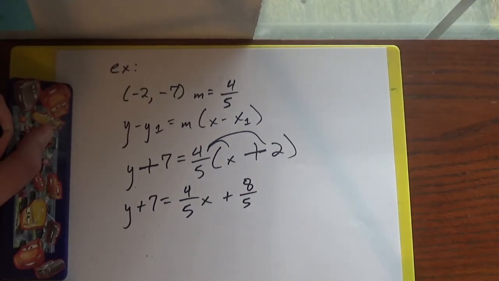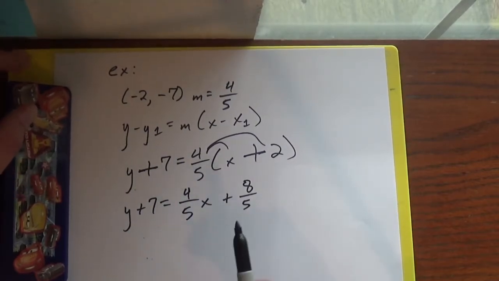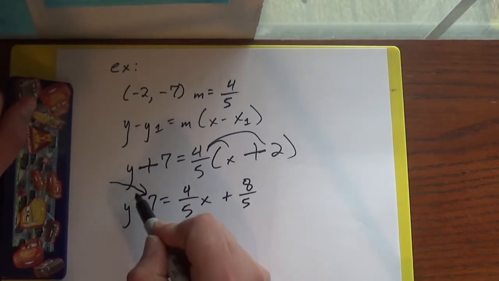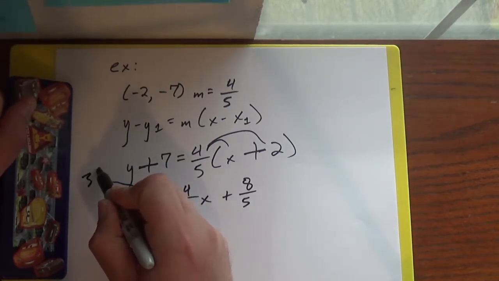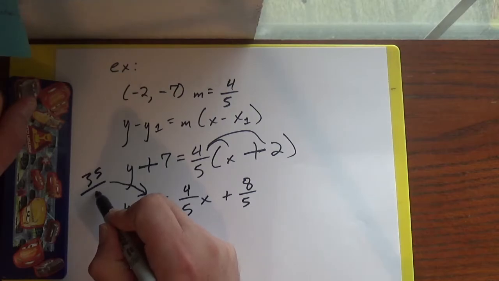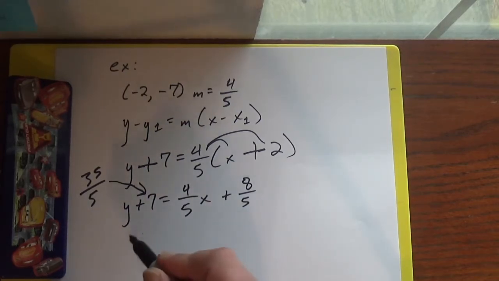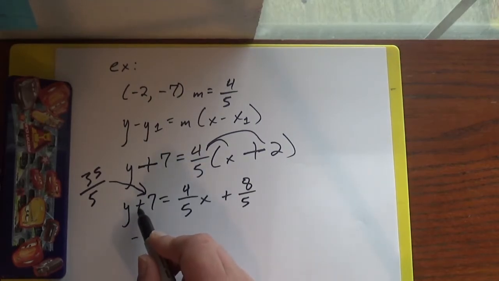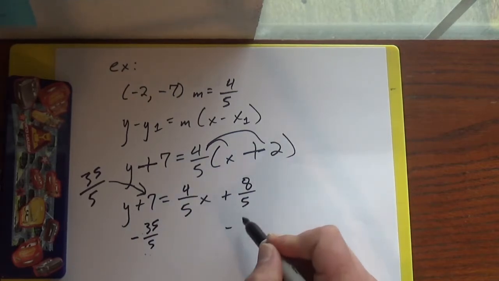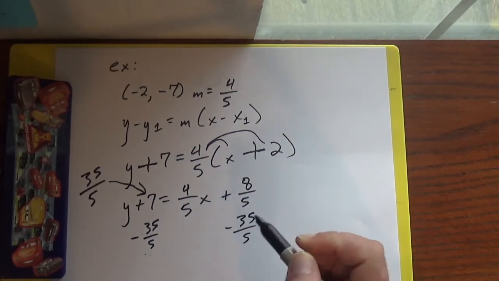Now what's going to be annoying is that fraction, fraction, not a fraction. I need a common denominator to add or subtract fractions. So 7 is going to be the same thing as 35/5. Basically all I did is multiply the top by 5 and the bottom by 5. So I get that. So now I'm going to subtract because we're adding here. So I'm going to do the opposite. 35/5 minus 8/5.